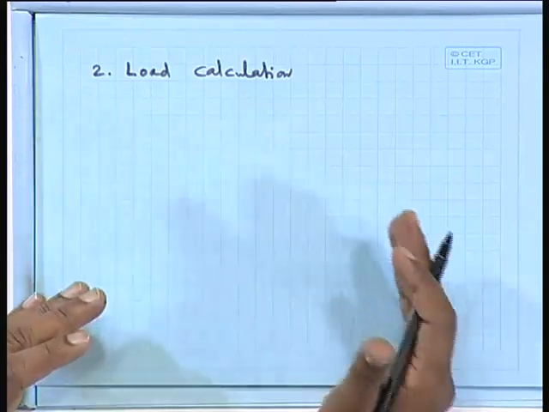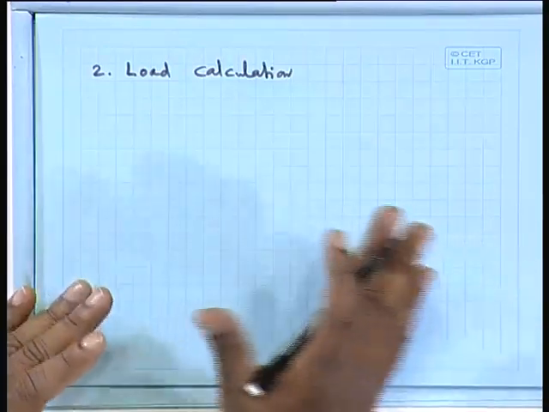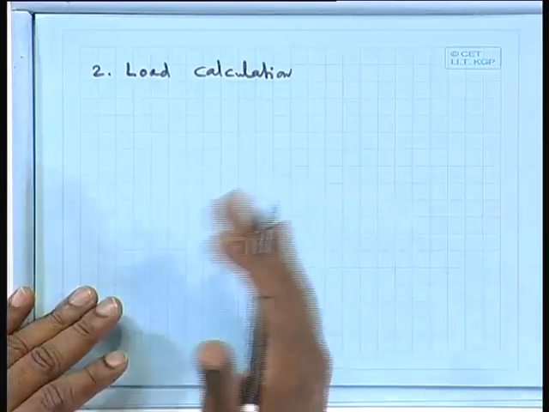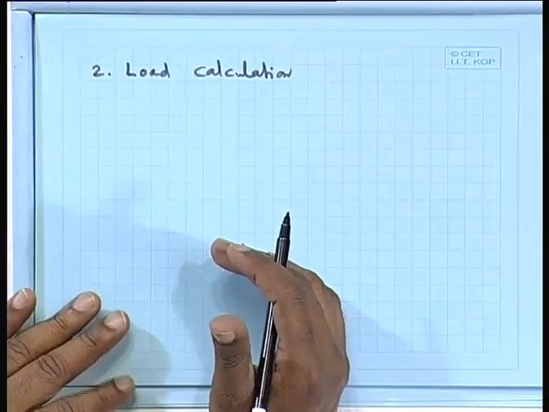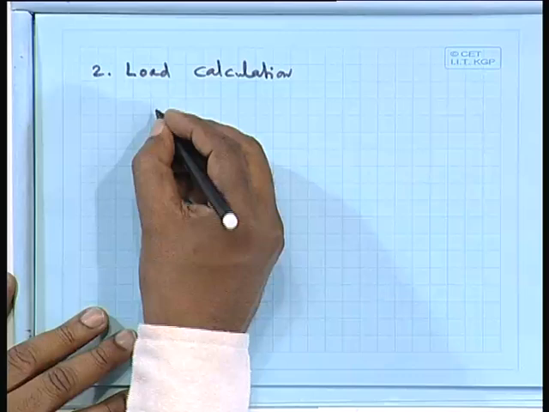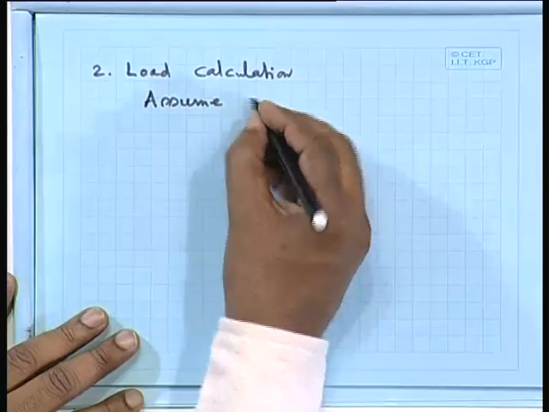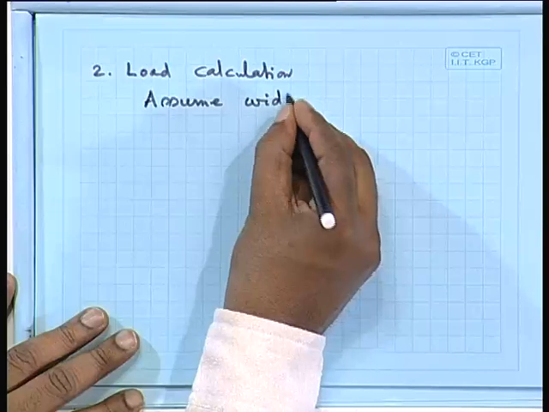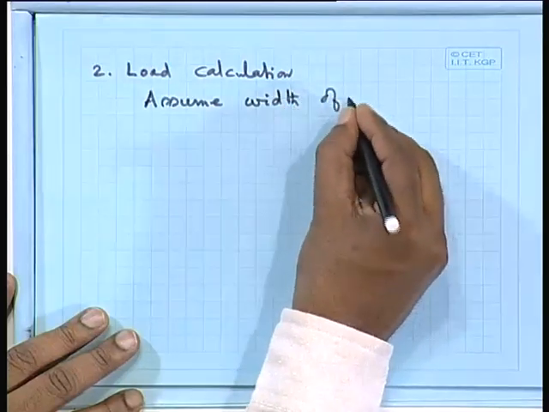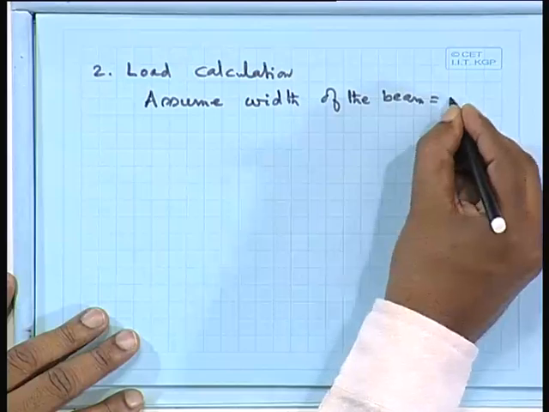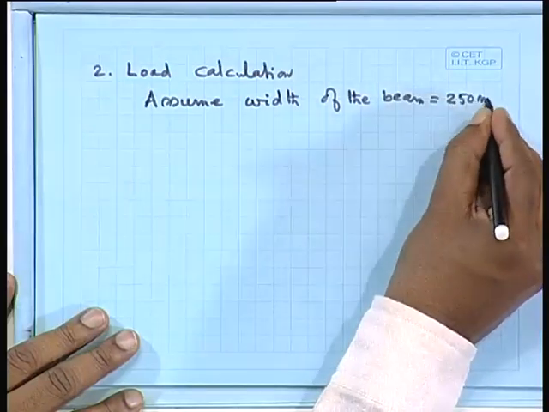I do not want to give the final value as if it is a magic we have got it, but it is not like that. When you are designing, we do a lot of repeating steps. So let us assume the width of the beam 250 millimeter.